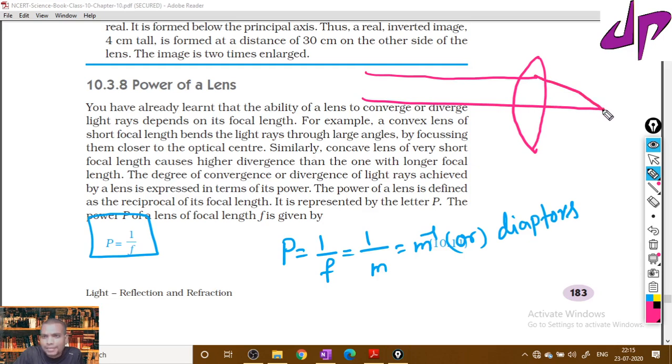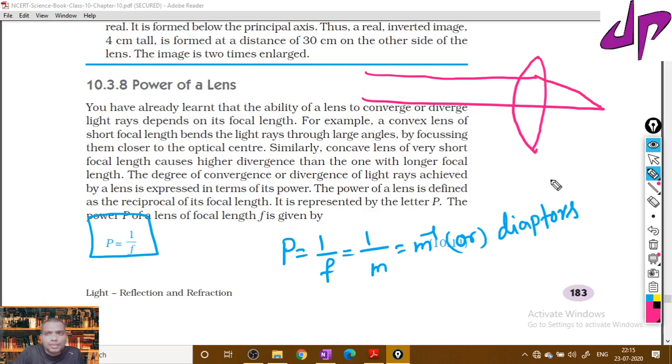Now, if we change the size of a lens, the degree of bending of the light rays also changes.